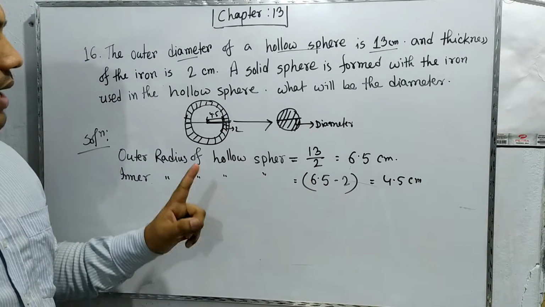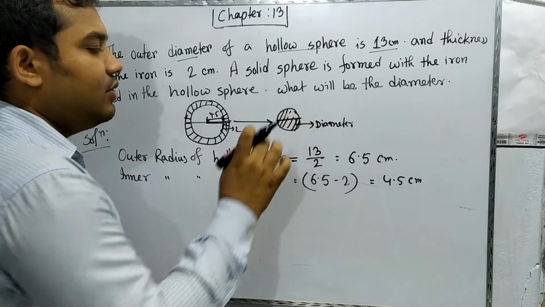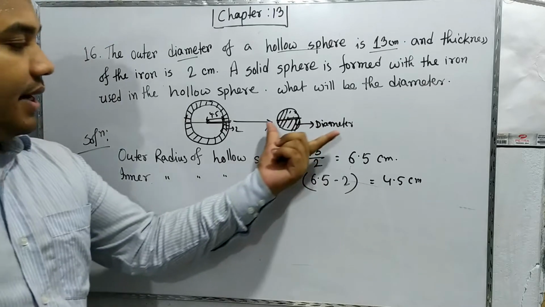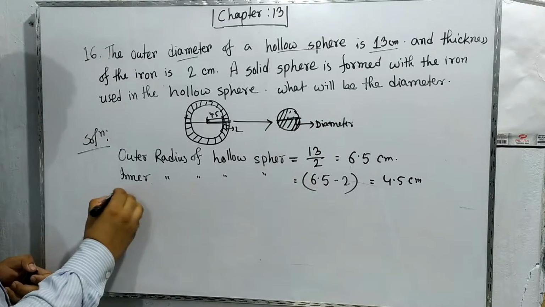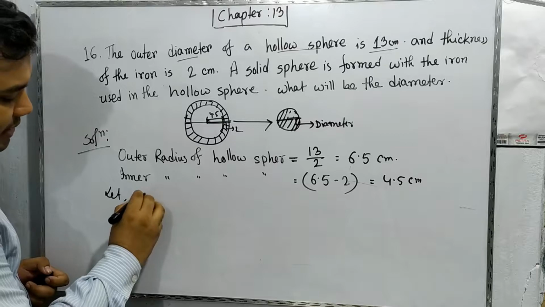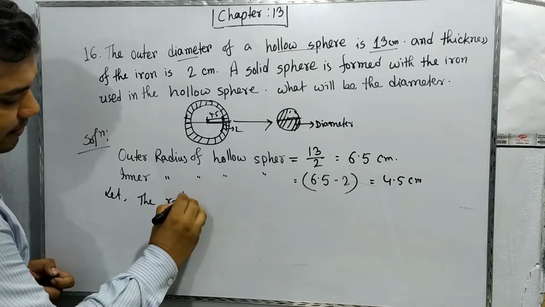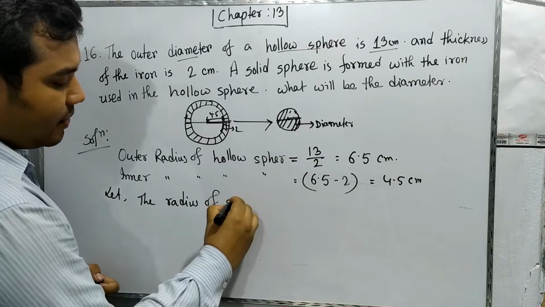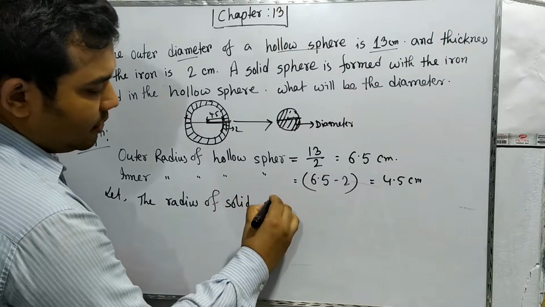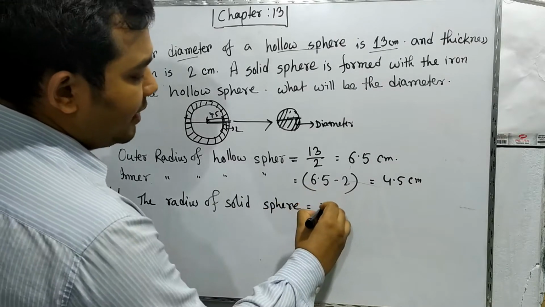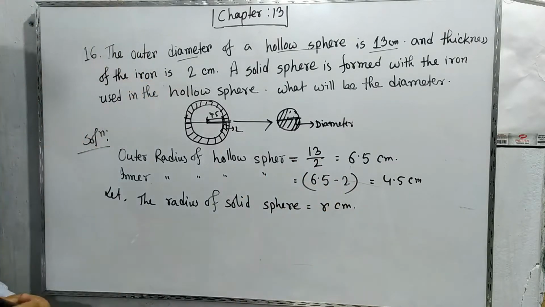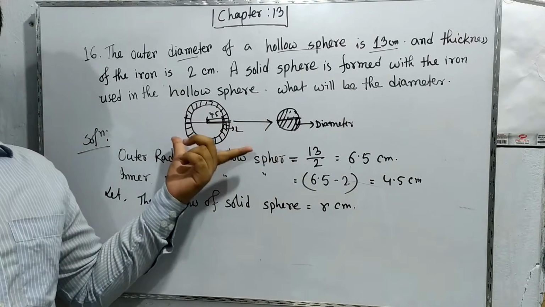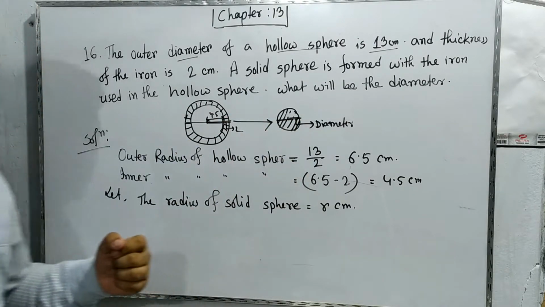And now we need an assumption for the radius of the solid sphere. Let the radius of the solid sphere, not the hollow sphere, be r centimeter.